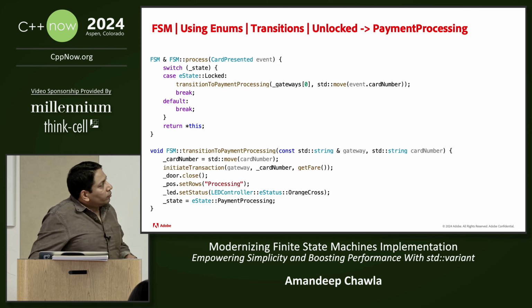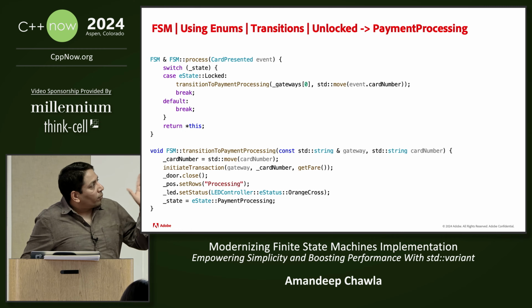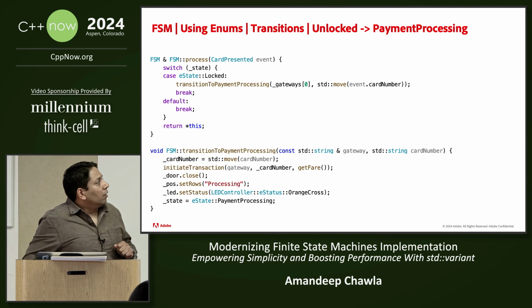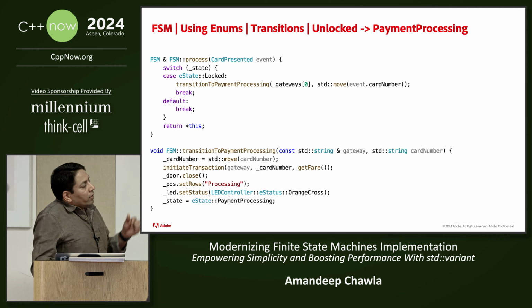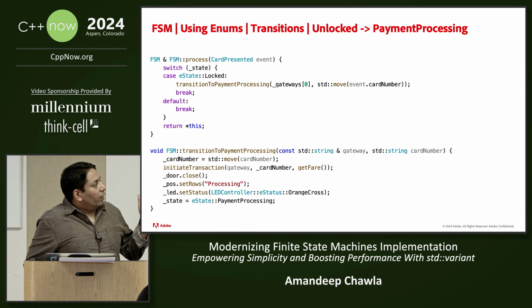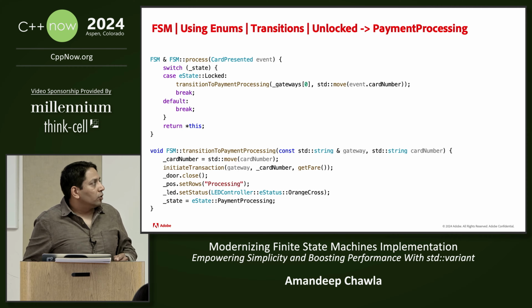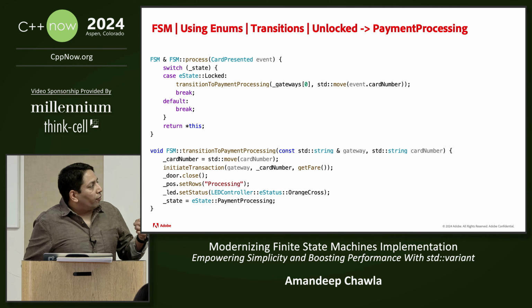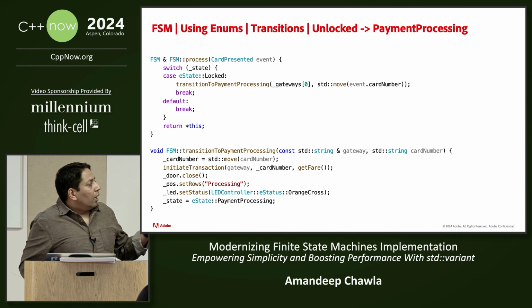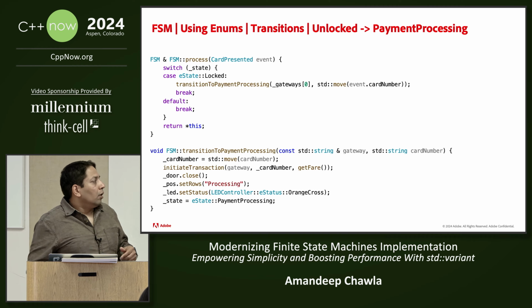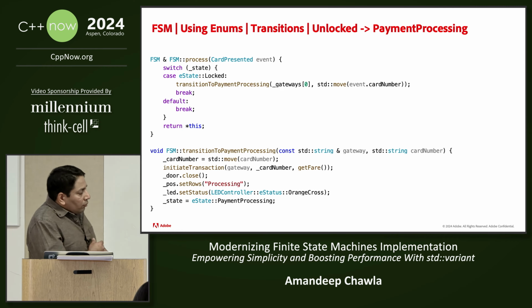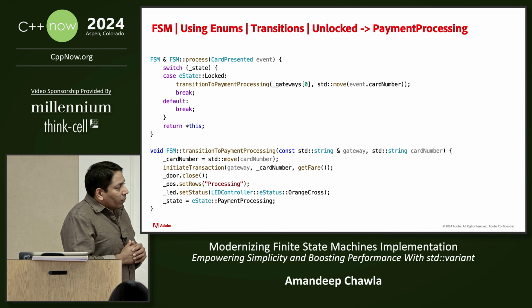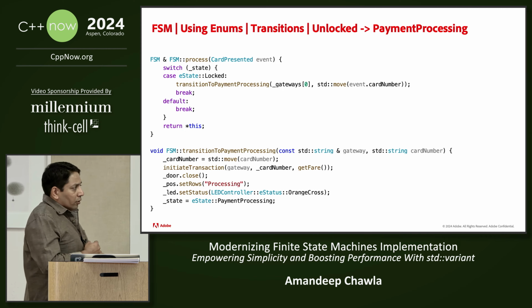This is how the process function will look when we are moving from logged to payment processing. The process function will see that if I'm in the logged state, I will call an internal function called transition to payment processing, giving it the gateway and the card number. Transition to payment processing will store the card number because we need it when we are retrying every time.